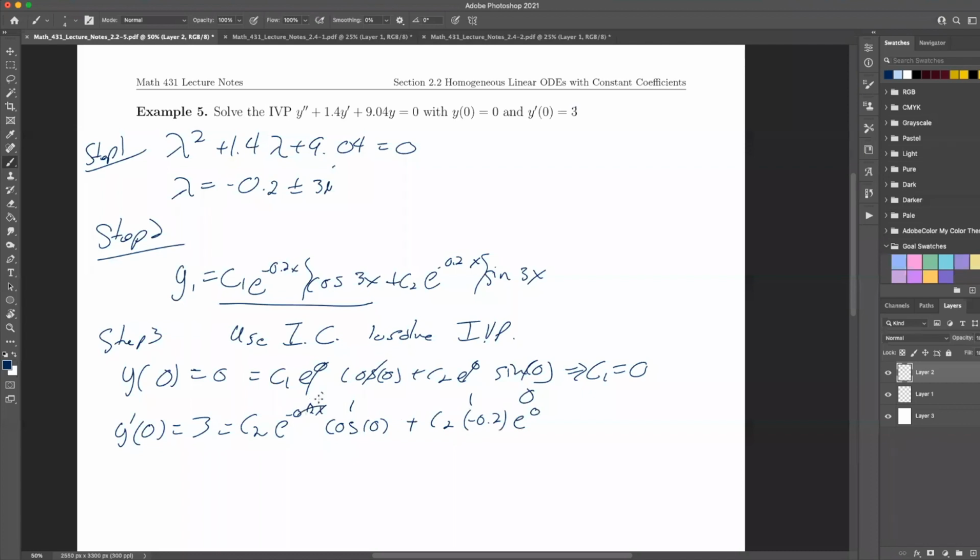I can plug in the 0 now, and then sine of 0. So I took the product rule and then plugged in 0. This becomes 1, this becomes 1, this becomes 0, and so I have C2. So this implies C2 is equal to 3.